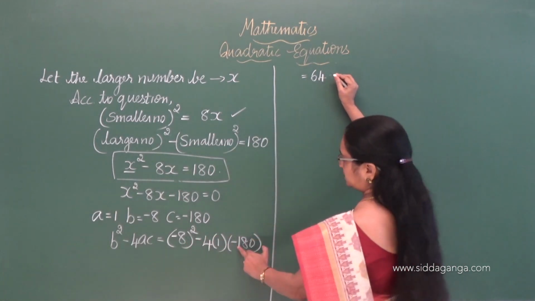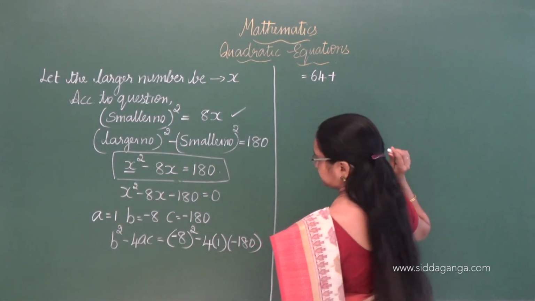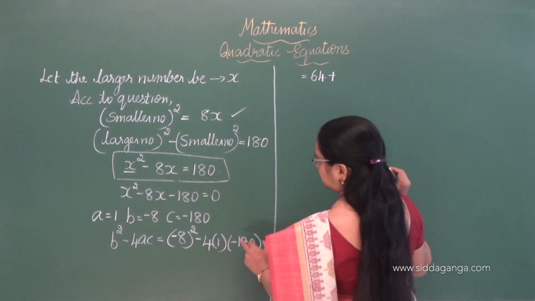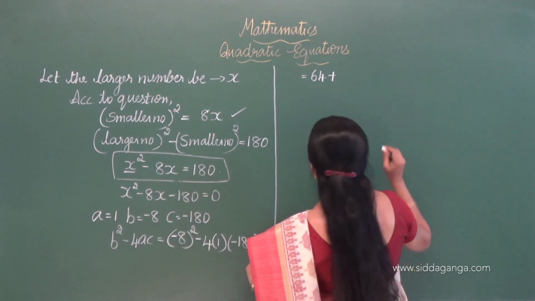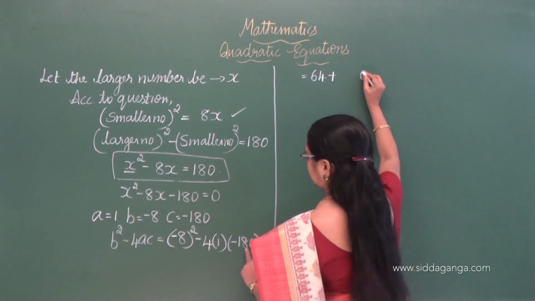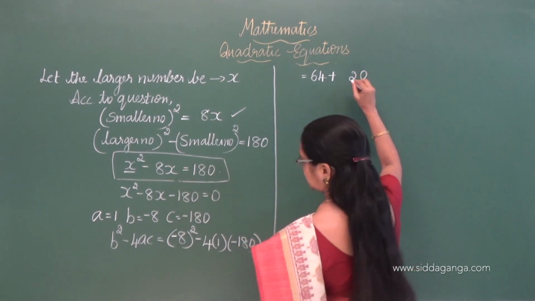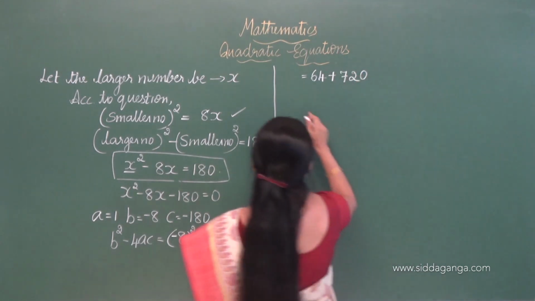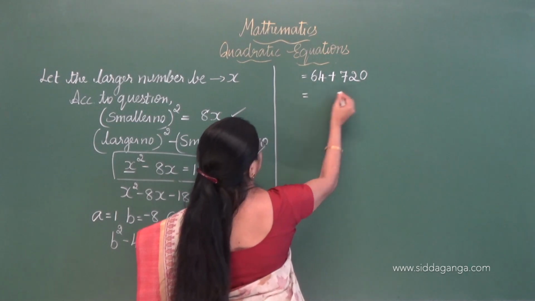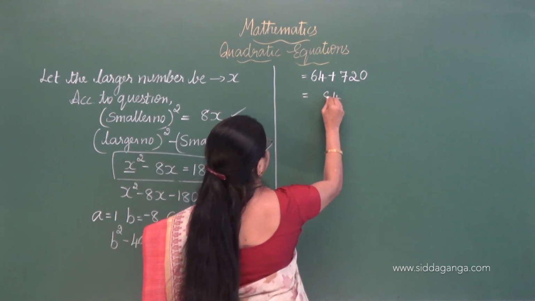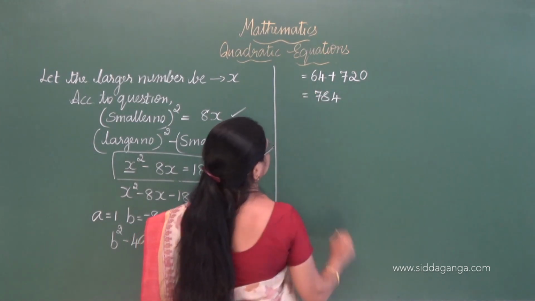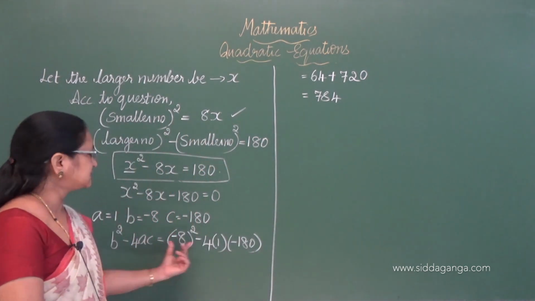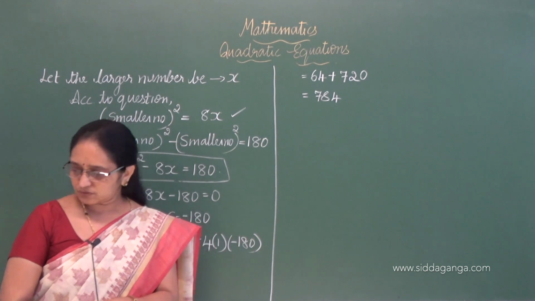Minus into minus becomes plus, and 180 into 4 is 720. So b square minus 4ac is 784.